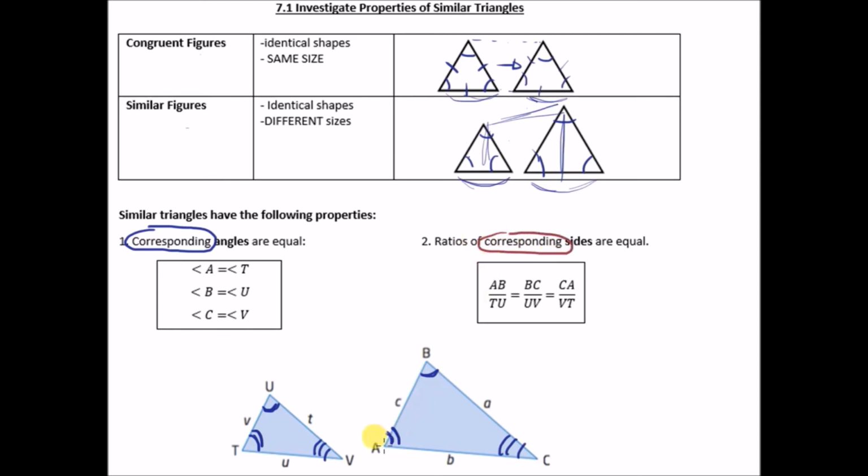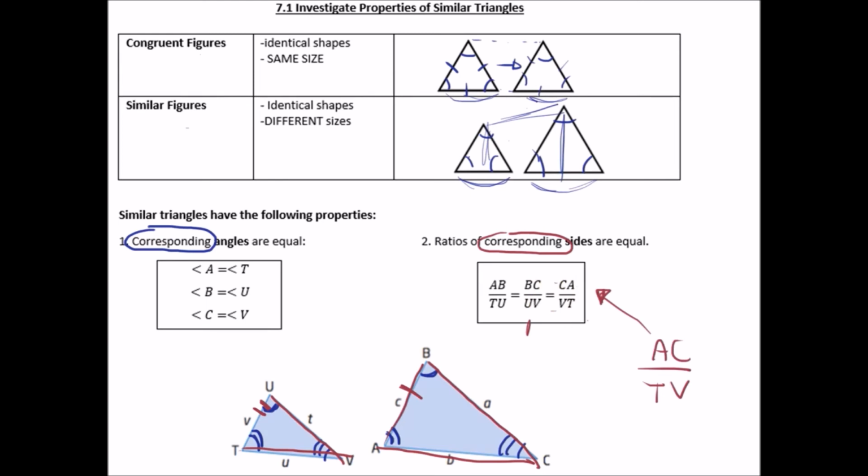So AB, which is right here, is going to have the same ratio. If we do AB divided by TU, just for an example, it's going to have the same ratio as BC and UV, and that's going to have the same ratio as AC and TV. In this case, it says CA and VT.